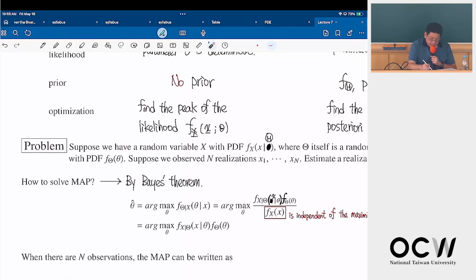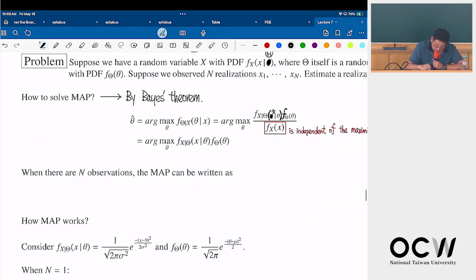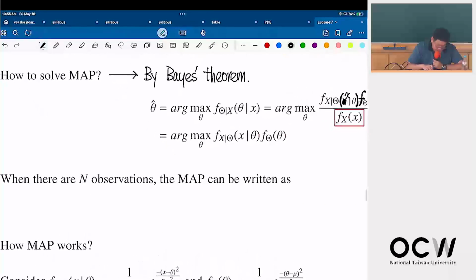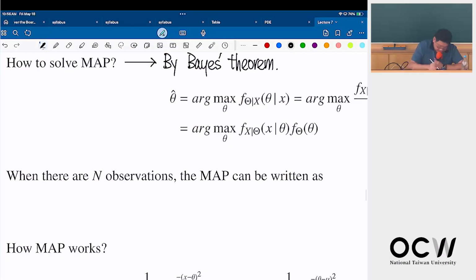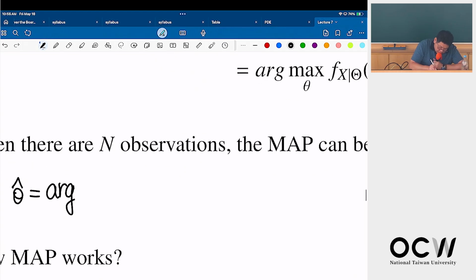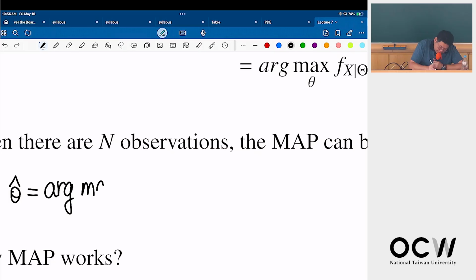This is just for one observation. If I have n observations, then we can rewrite this in a vector form. So theta is the arg max over theta of f of theta, now with a random vector.